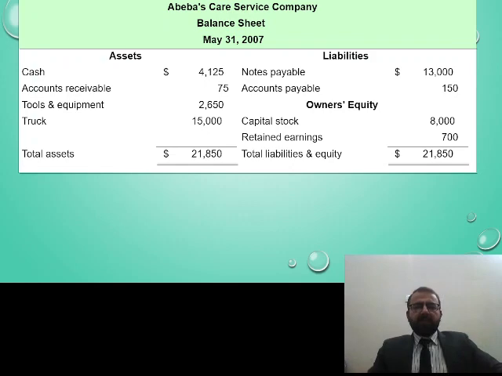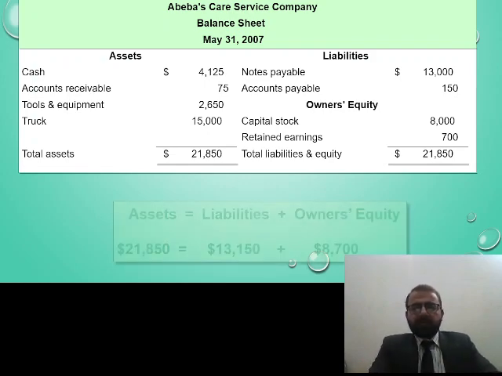On the other side, we have liabilities of notes payable of $13,000 and accounts payable of $150. In owner's equity, we have capital stock and retained earnings. The total liabilities and equities are equal to $21,850, and the accounting equation balances.